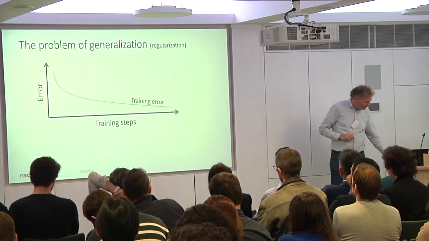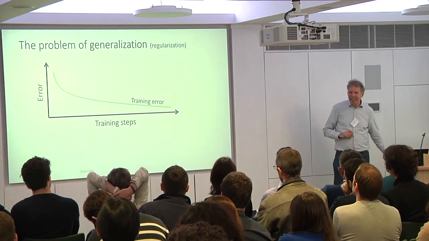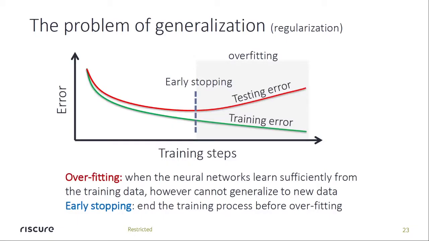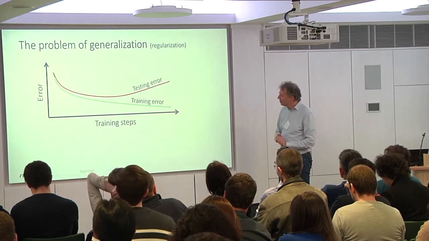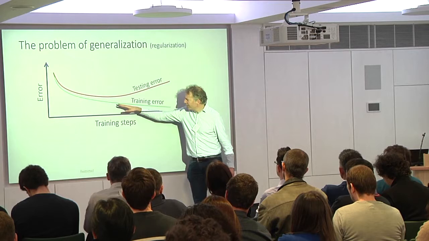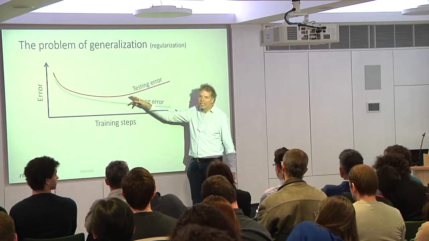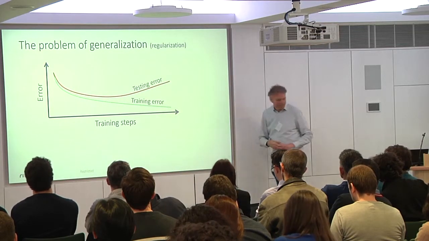However, this network will be excellent in detecting the training data, but not so good in recognizing testing data that you would be using later on. So there's a training phase where you make the network better and better, and there's an application phase or a testing phase where you're going to apply your trained network to new data.